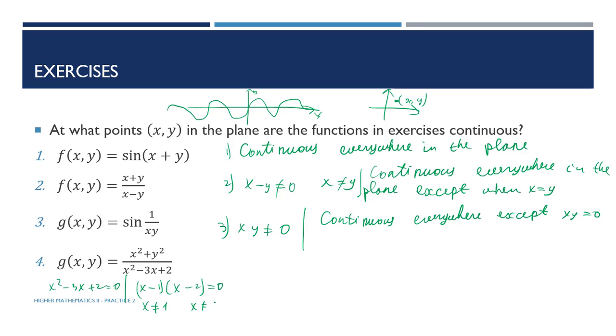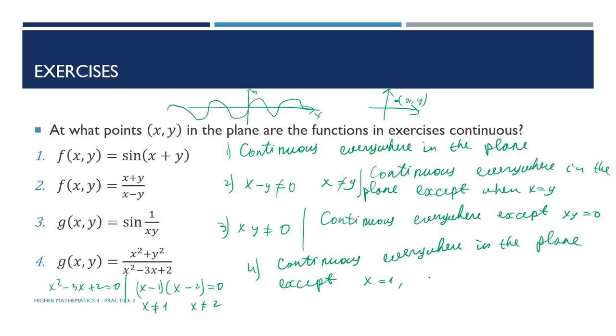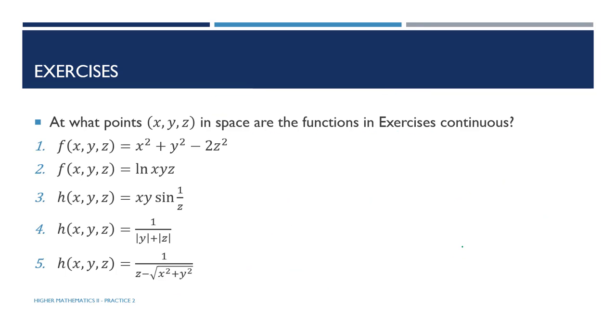So x is not equal to 1, x is not equal to 2. Exercise 4: continuous everywhere in the plane except when x equals 1 and x equals 2. In all other cases, these functions are continuous.